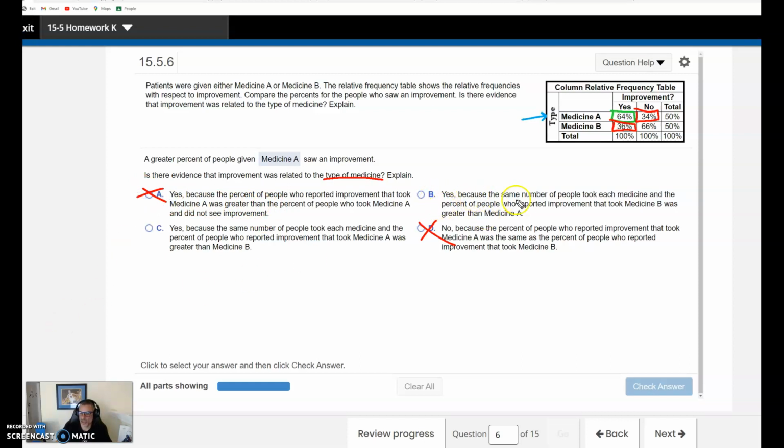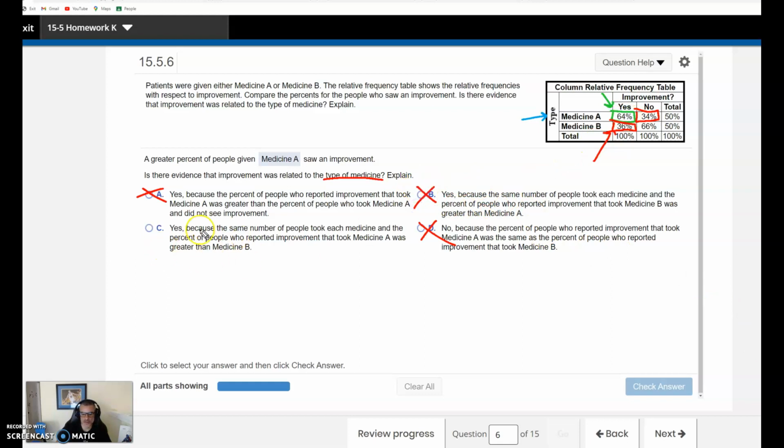Let's look at choice B. Yes, because the number of people who took each medicine and the percent of people who reported improvement that took medicine B was greater than medicine A. Nope. Here's the people that improved with medicine B. Here's the people that improved with medicine A. So this is not true.